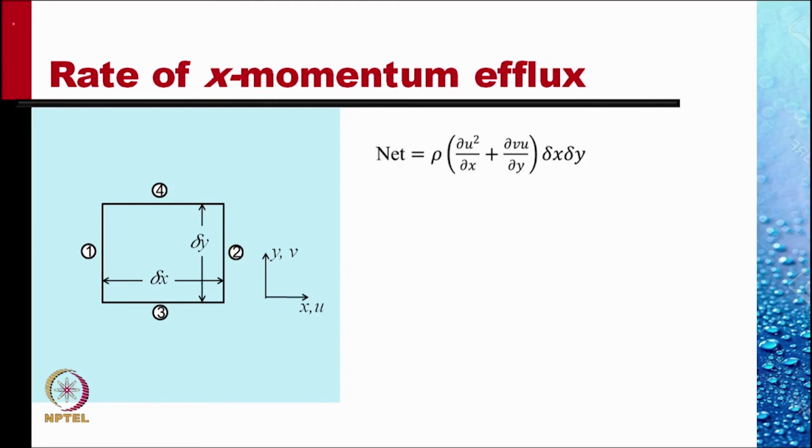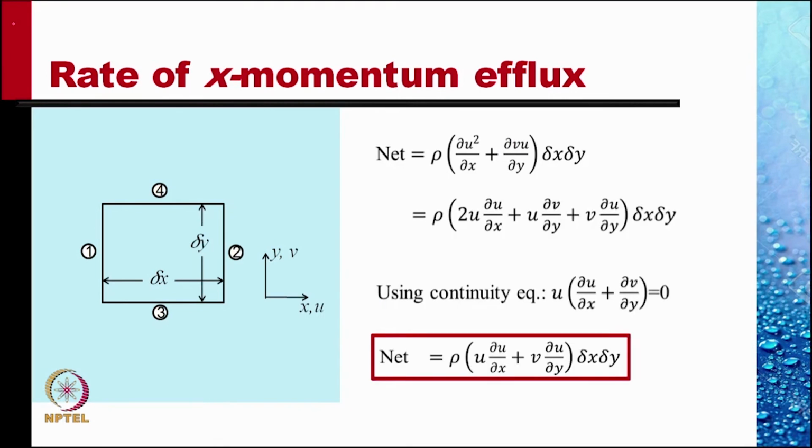This is the net efflux that we calculated, and we expand the terms del u square by del x and del vu by del y to obtain the net efflux as rho into 2u del u by del x plus u del v by del y plus v del u by del y into delta x delta y.